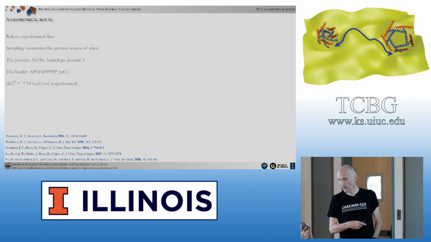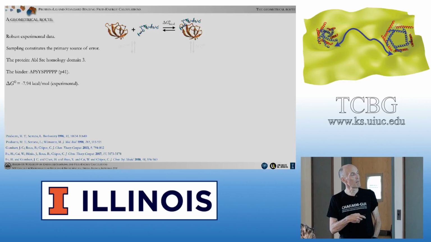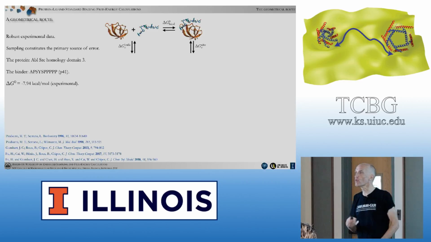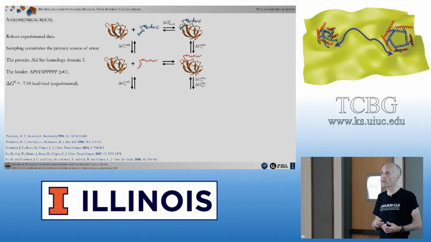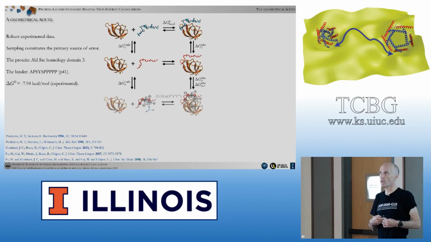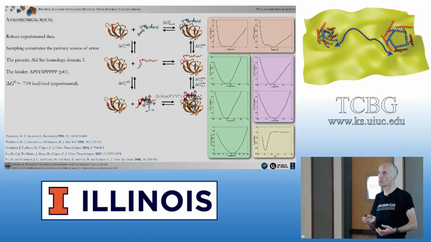Okay, so now let me give you a concrete example. To make our point cogent, we try this strategy on a test system for which the force field wouldn't be an issue.